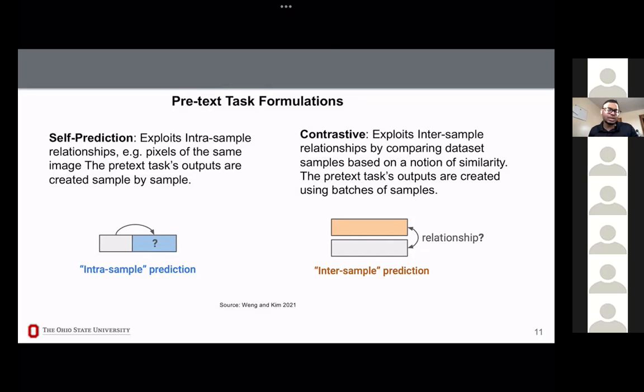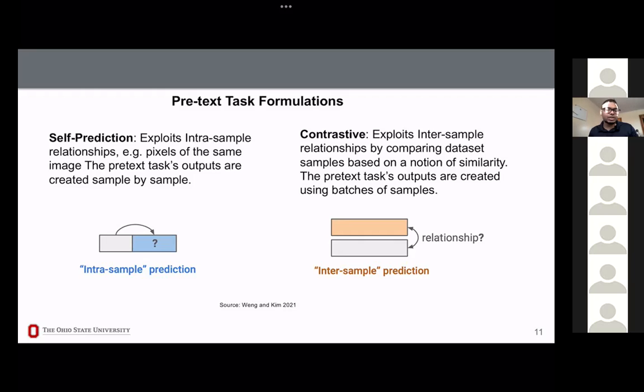People are proposing several ways to categorize them, and I'm using one of them, which I felt really aligned with me and would be much easier to explain. There can be other ways of categorizing all the stuff that is going on in the literature. According to this categorization, the pretext task can be categorized into two main categories.